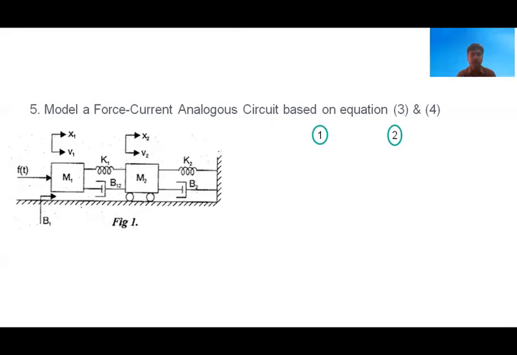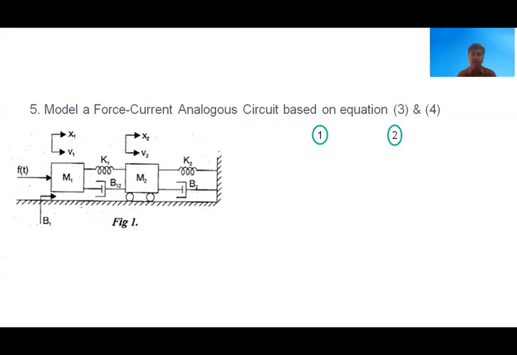Whereas in the force voltage analysis, we have to consider the number of loops equal to the number of mass bodies present in the mechanical system. Whereas in force current analysis, we need to take the number of nodes as the number of mass body elements.